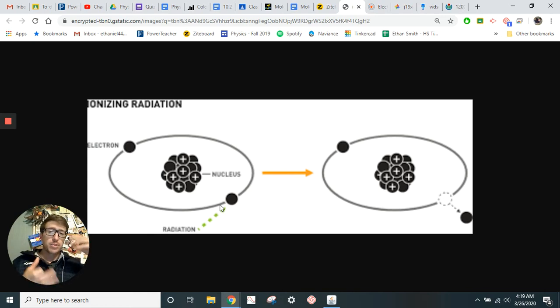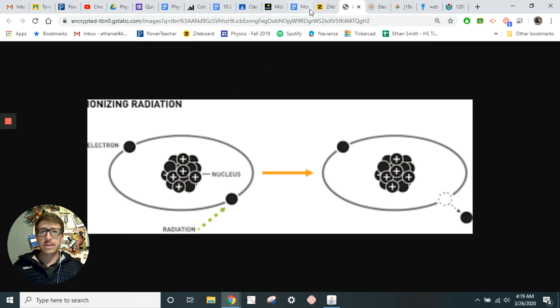If an atom loses an electron, then it becomes more positively charged, so it becomes a positively charged ion, and that electron becomes a negative free radical. So this can cause some serious chemical changes, chemical reactions, and other things that we don't necessarily want.